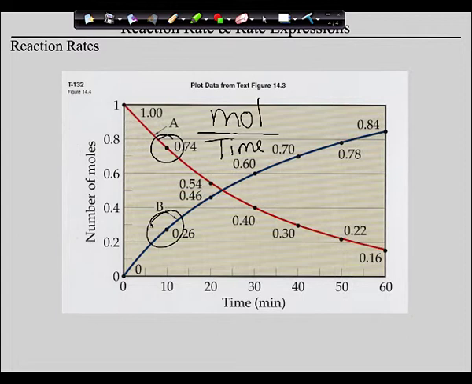One would be negative and one would be positive, but numerically they would be the same. So the rate at which A is getting consumed is equal to the rate at which B is getting formed. But as Spencer pointed out, this one would simply be negative because it's downward sloping because it's being consumed, and that would be positive because it's upward sloping, being produced. You get the idea? It's a significant thought though, guys.